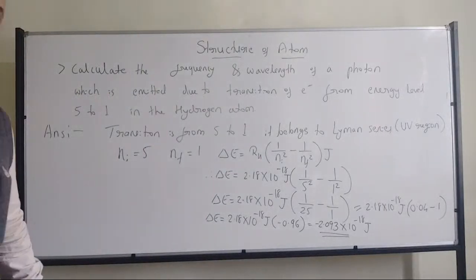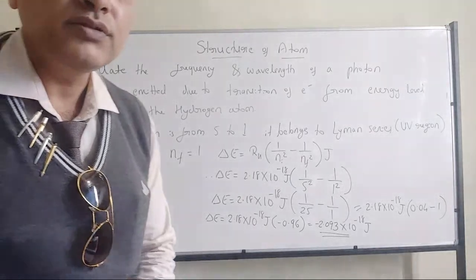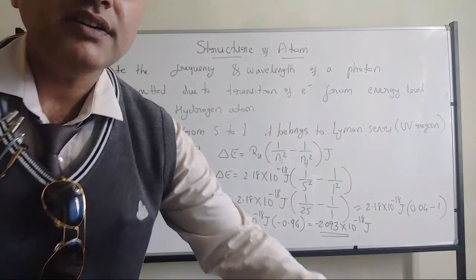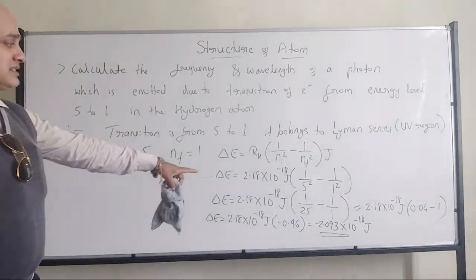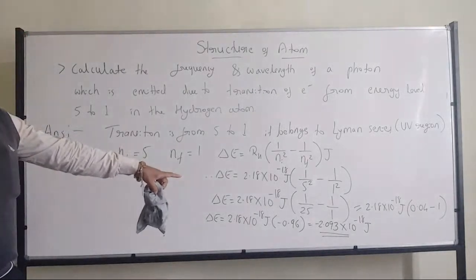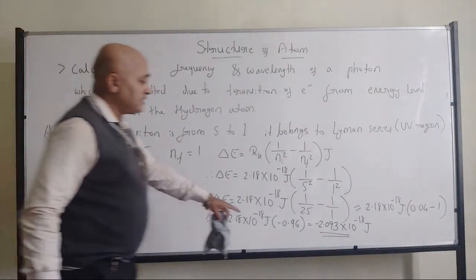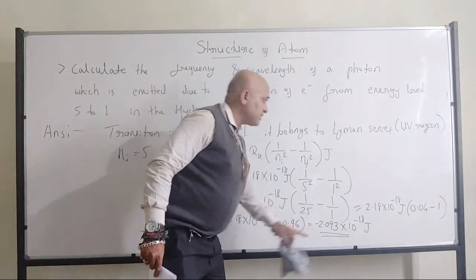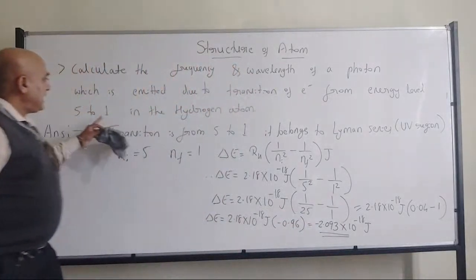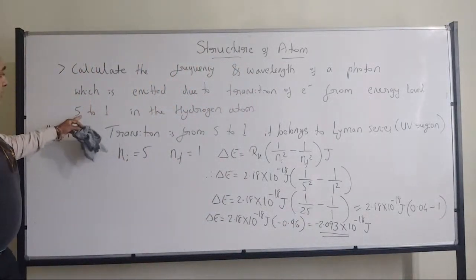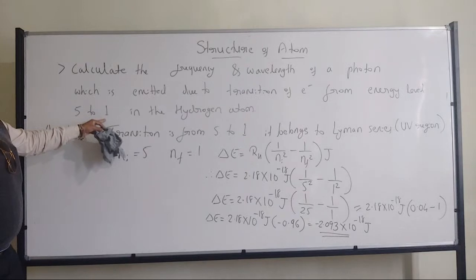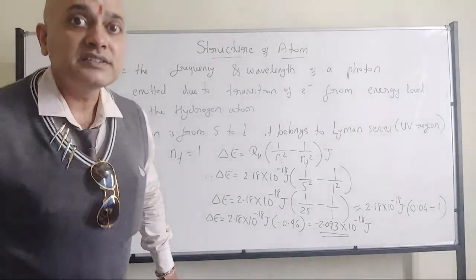All of you have understood? Any doubt? Ullas, have you corrected? So it should be this one. Answer should be with negative value. Why should it be with negative value? That is because we are dealing with the emission spectra, because from higher energy level it is coming to the lower energy level. So it should be an emission spectra.